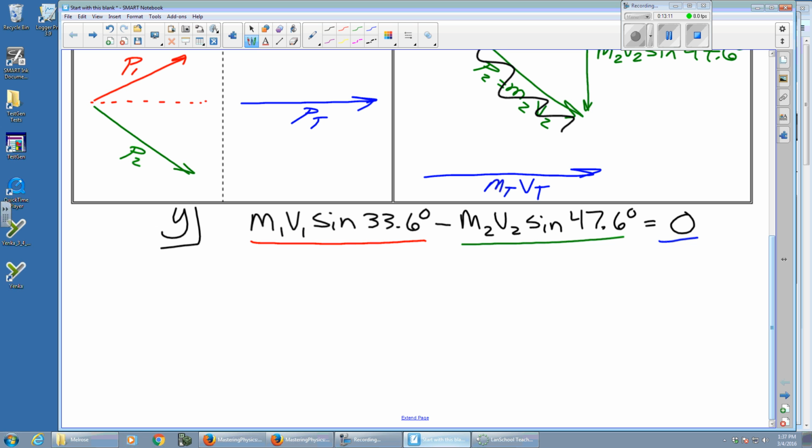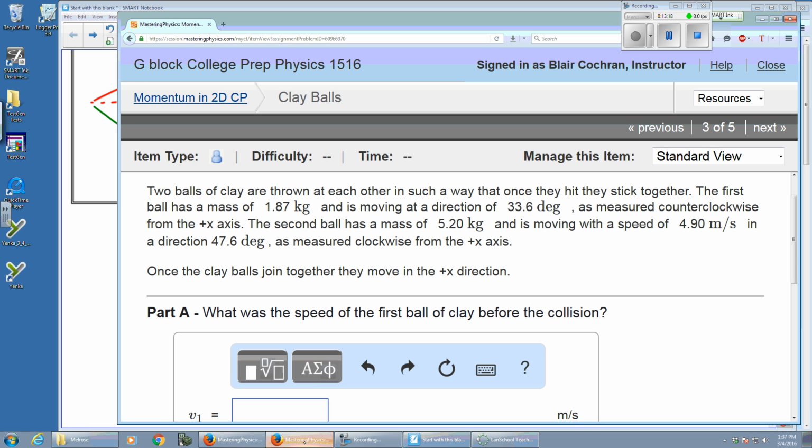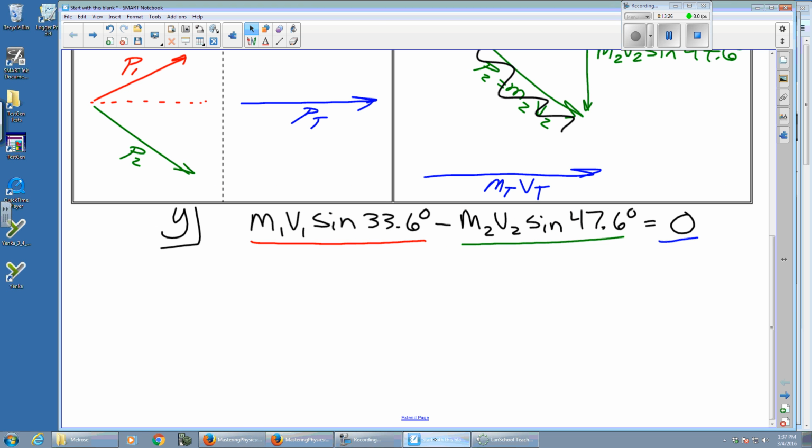Okay? Do we know the mass of the first blob of clay? Let's see. The first ball has a mass. Oh, it's right there, right? Mine's 1.87. What's yours? There you go. 1.8. Good. I think for room, I'm going to leave off the units. Is that okay with everyone?